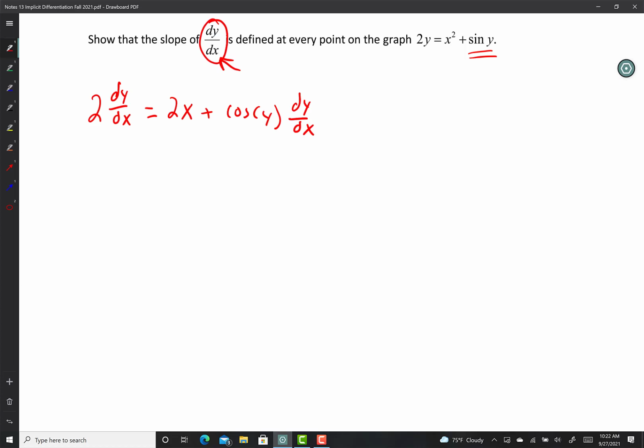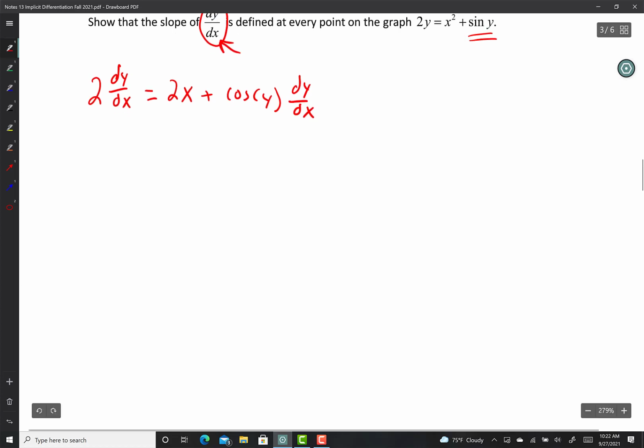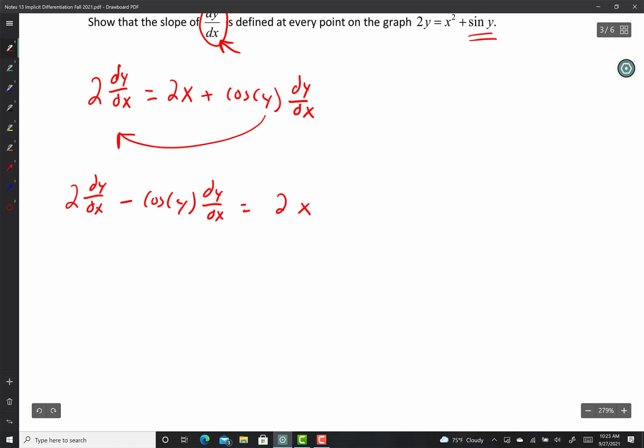The rest is algebra. Everyone's algebra skills get better with this, because now what we want to do is get dy dx by itself. So I'm going to move this to the left. We're going to have 2 dy dx minus cosine y dy dx equals 2x.